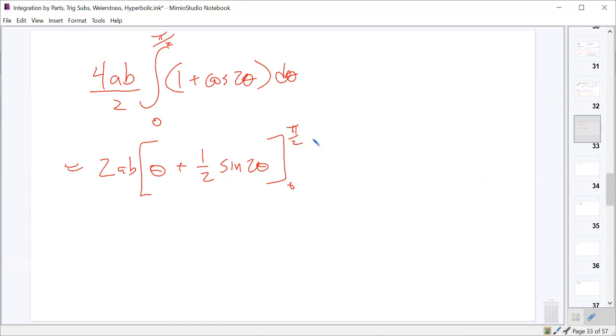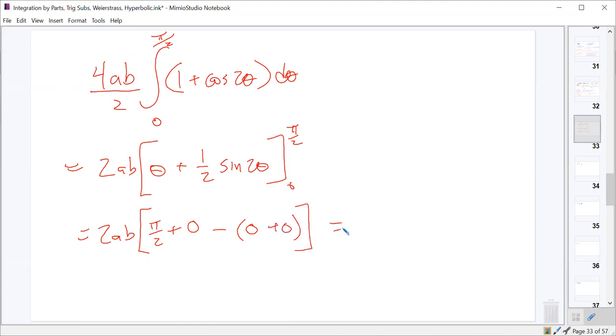We can just evaluate at 0 and pi over 2, which ought to give us 2ab times pi over 2 plus 1/2 sine of 2 theta. Sine of pi is 0. And then minus, if theta is 0, that's 0.